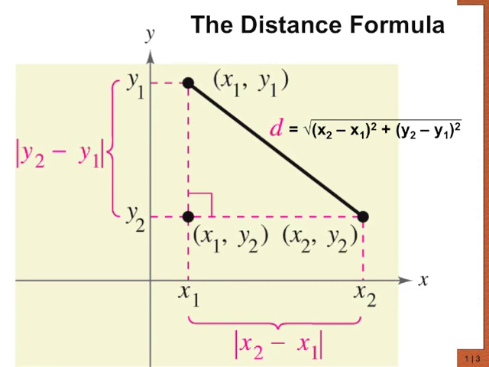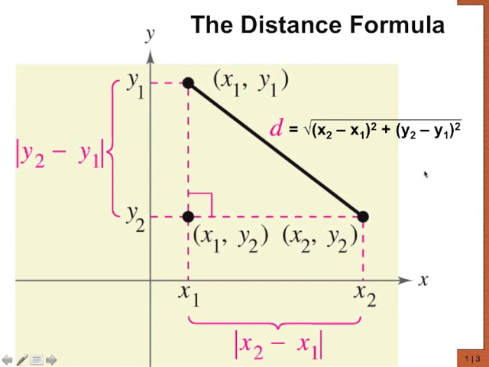The base of that triangle would be given by the difference in x coordinates, whereas the height of that triangle, or this distance that I am now tracing with the mouse arrow, is the difference in y coordinates. So x2 minus x1 gives you a length, and y2 minus y1 gives you a length.